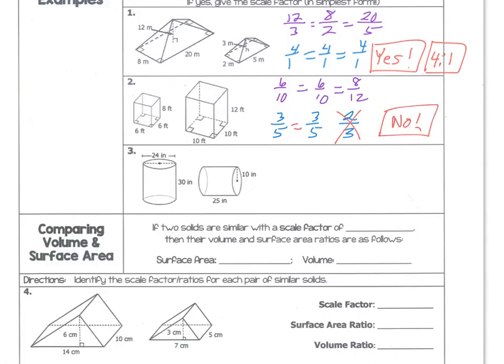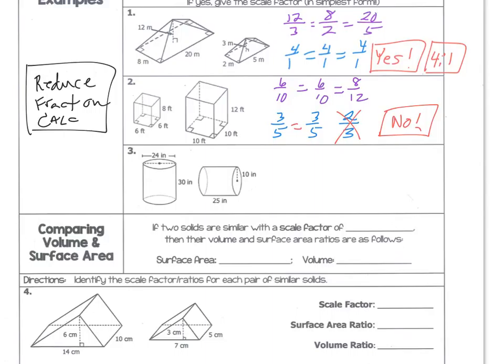So then let me show you a little handy button on your calculator. So look on your calculator for a button, and this button is used to reduce fractions. So look for a button that says A, B/C. Everybody have that button?